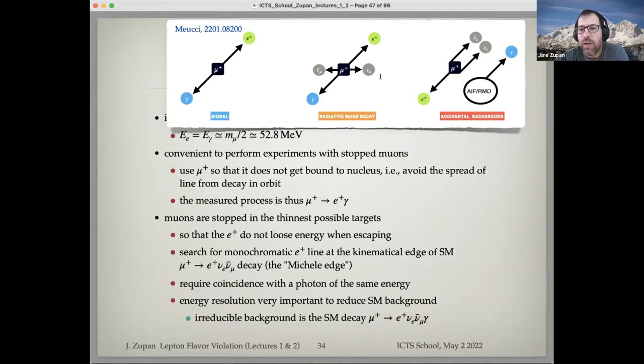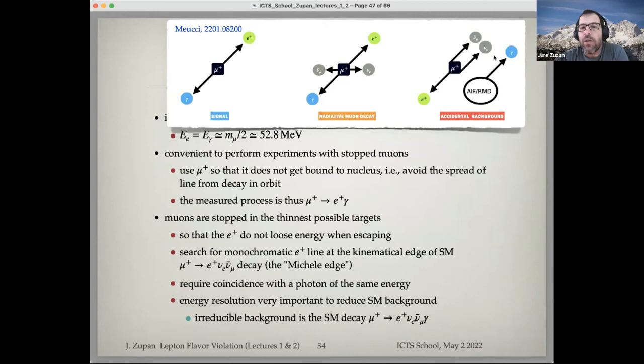So as long as you measure all the energy that is being deposited, and make sure that you don't have any escaping energy, you can reduce the contribution from this radiative muon decay.